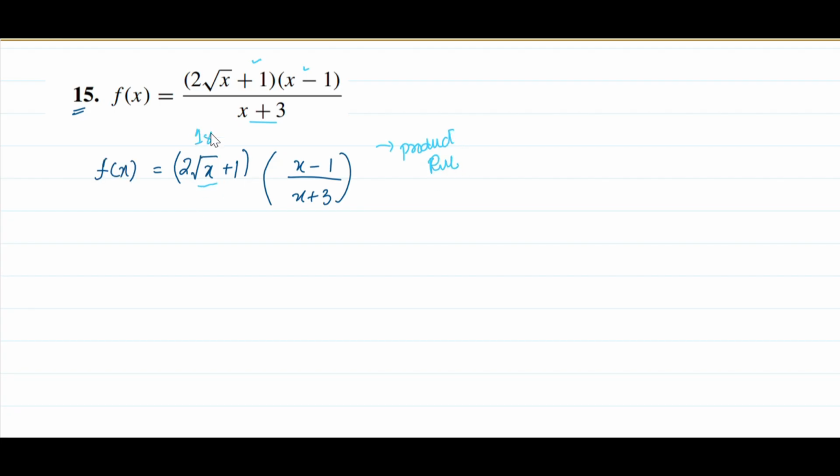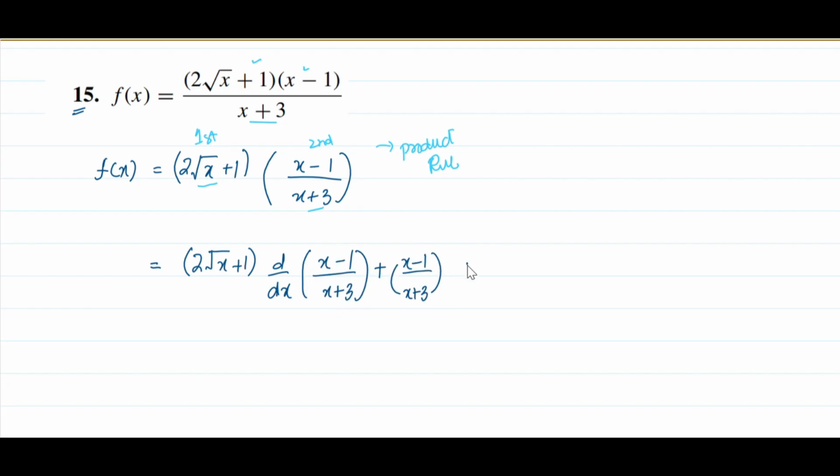According to the product rule, we consider the first function and second function, and the first function as it is, and take the derivative of the second function, plus the second function as it is, and d by dx of the first function.